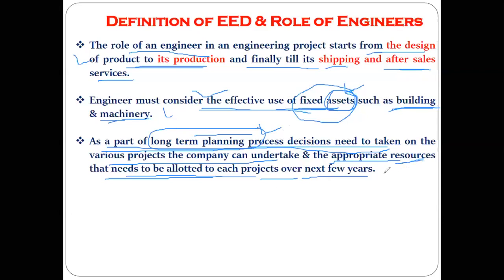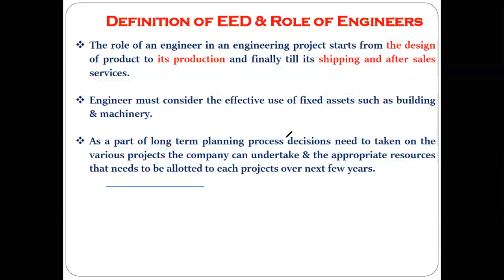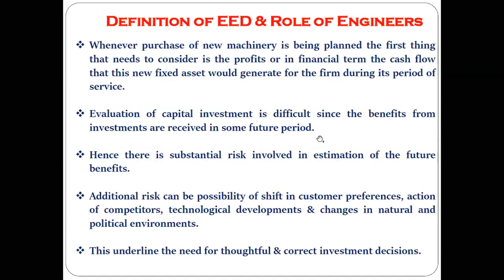Understood? And how to allocate those resources effectively, so that all the resources get utilized effectively. No resource will remain idle. So all these decisions have to be taken by the engineers when certain engineering projects are being completed by that business or company.